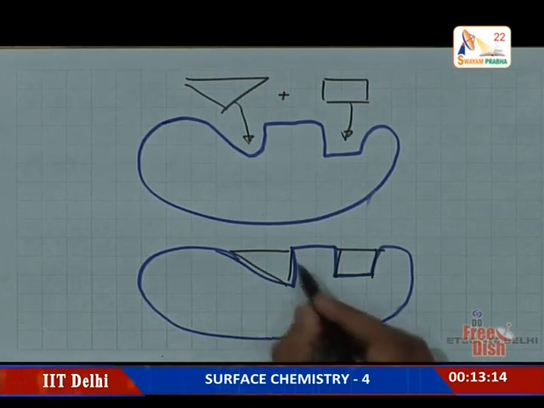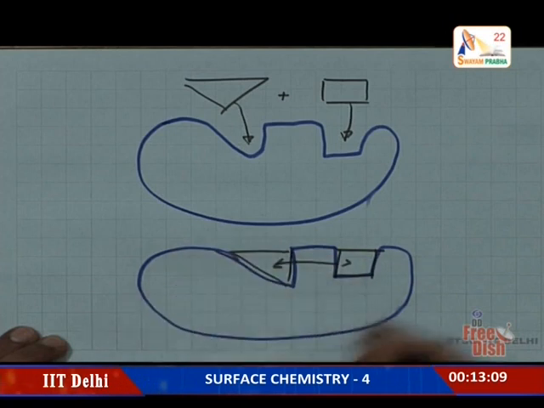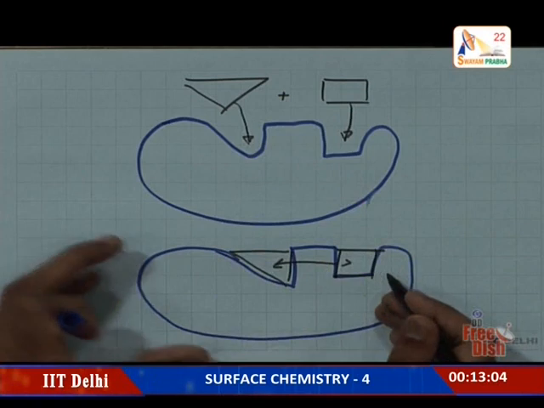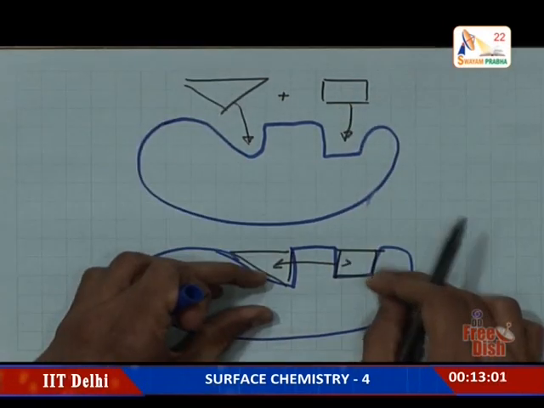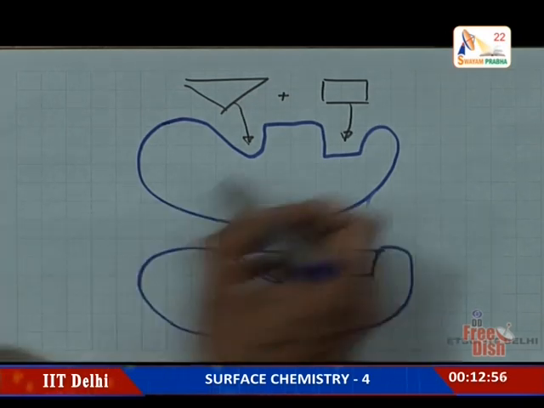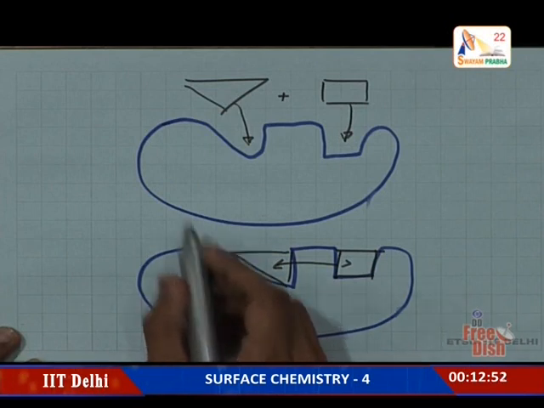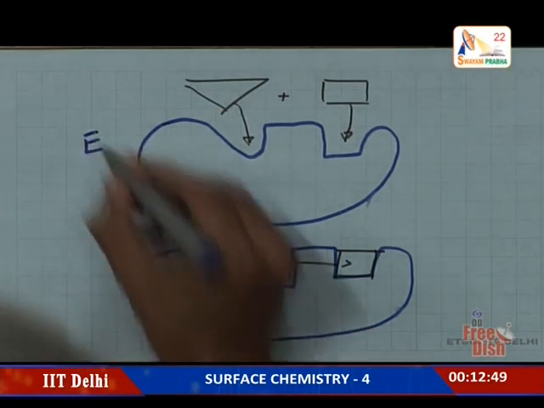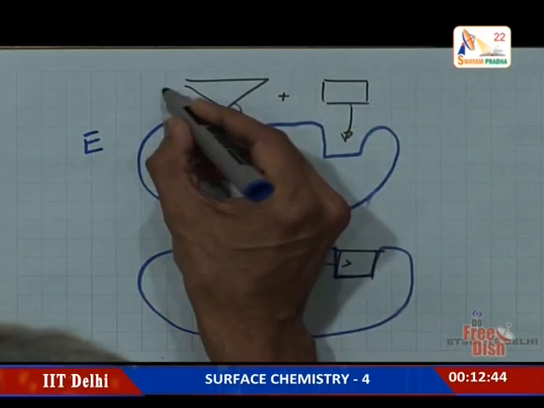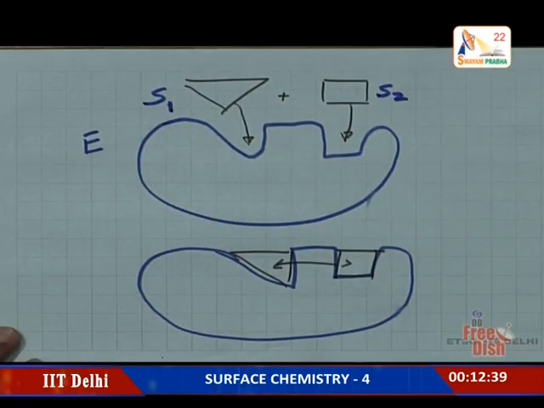And once it is bound, I have a reaction between these two species. So, this enzyme, the blue enzyme which has this strange shape, gives the opportunity for these two things to bind. So, in the terminology of enzyme kinetics, this enzyme is represented by E. And these two things are called the substrates, S1 and S2.